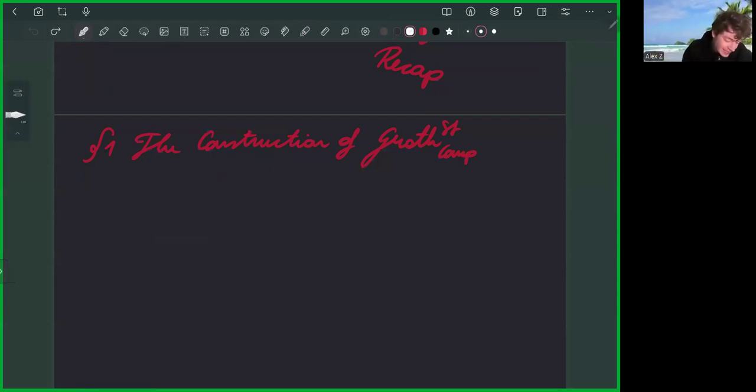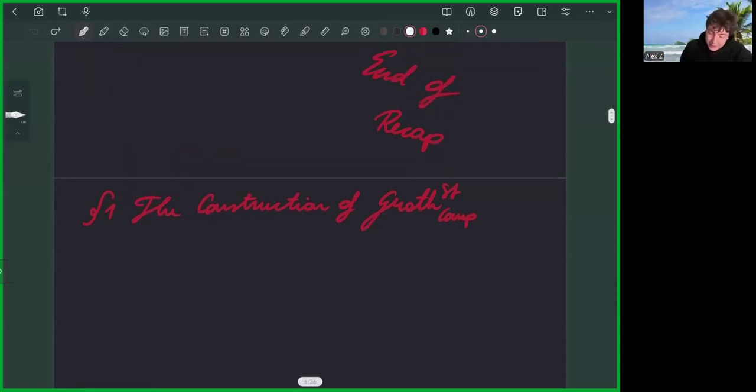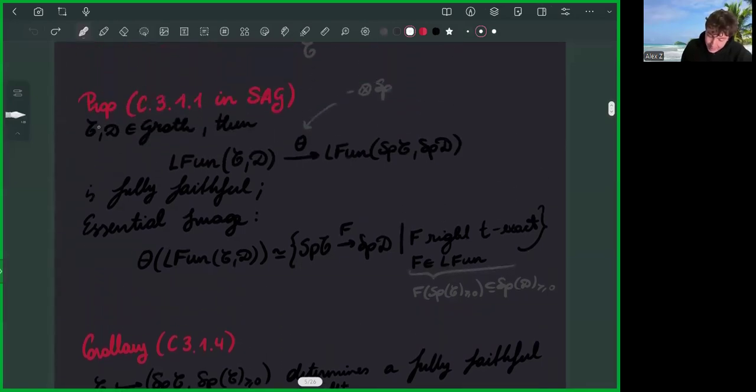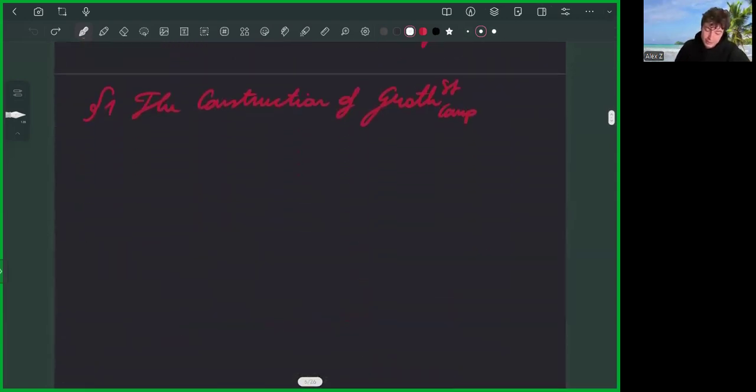Fine. Thanks. Okay. So what we saw, going back here, is that Groth really encodes right complete t-stable categories with a right complete t-structure, along with right t-exact morphisms. But the problem now is, so what's the problem?